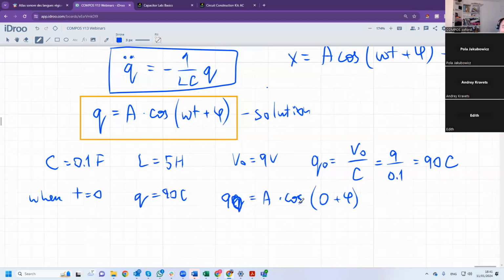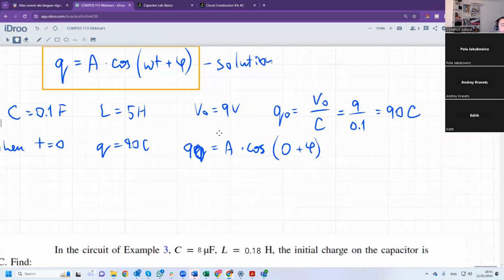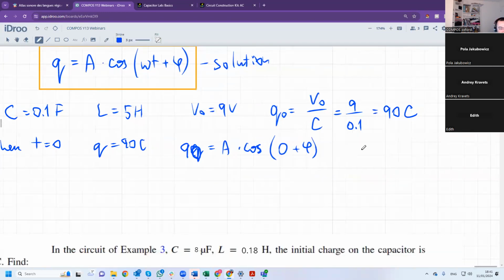And because we know that this is the maximum, phi has to be 0, because cosine 0 is a maximum value. All right, so we have phi 0. A has to be 90.